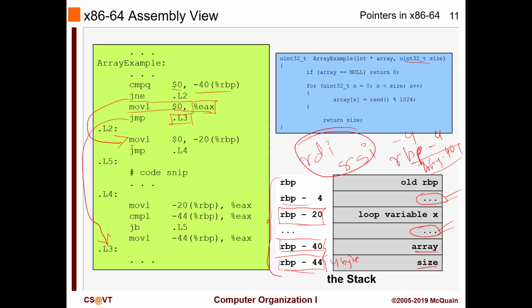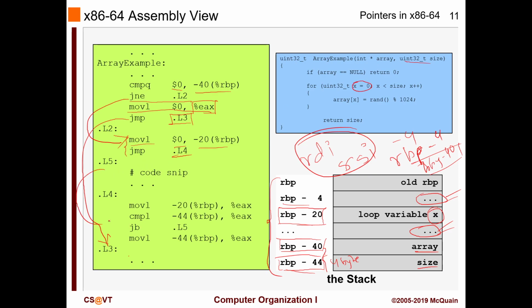So what happens in L2 is it moves 0 to RBP -20, which is our local variable x. In this case, we're putting 0 over here, so it's basically executing this part.